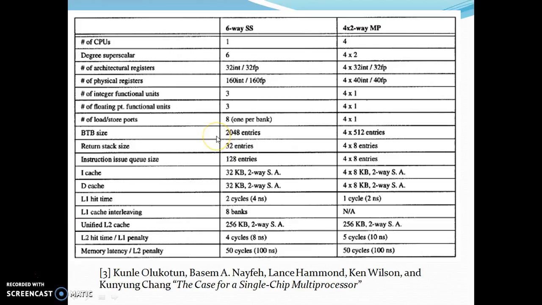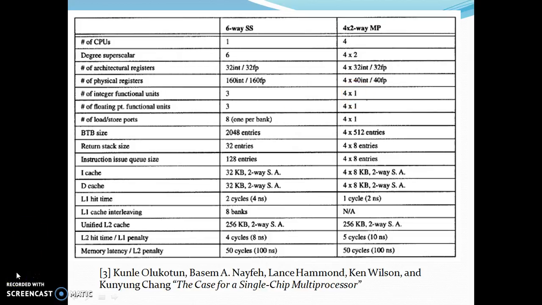So this table shows some architectural differences between the two microprocessors, that is a superscalar processor and a chip multiprocessor. The number of CPUs is 1 and 4 on the 4x2-way microprocessor. The degree of superscalarity is 6 on the superscalar processor, and here it is 4x2.